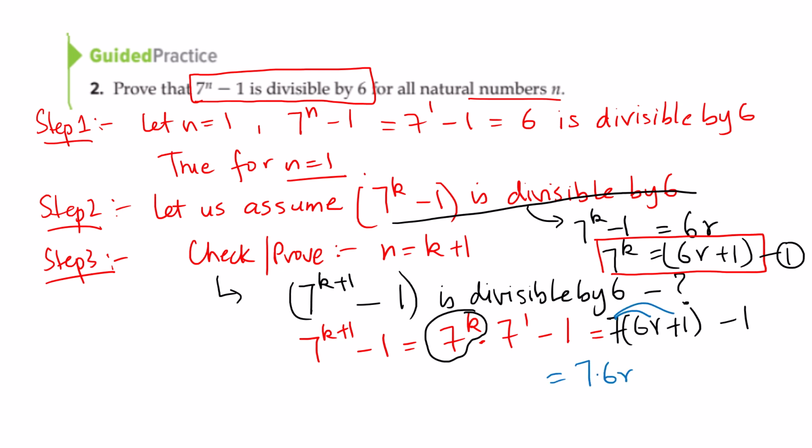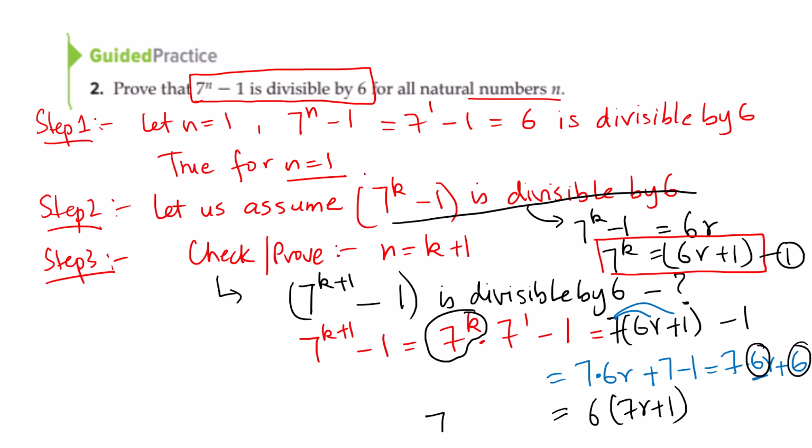Let's just write 7 multiplied by 6. We are not multiplying it as such because in the next step we have to take a common factor. Now 7 with 1 is 7, and minus 1, so 7 minus 1 is 6. So if you see, we have a common term which I can take outside. So 6 is here also, 6 is here also. Let's take 6 outside. So I'm left with 7r plus 1.